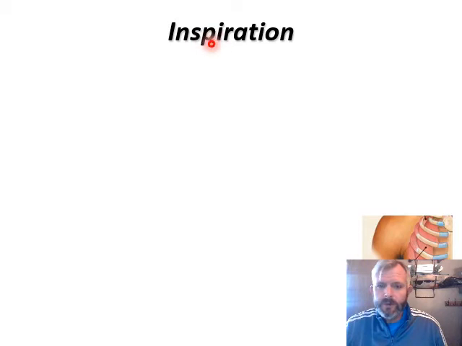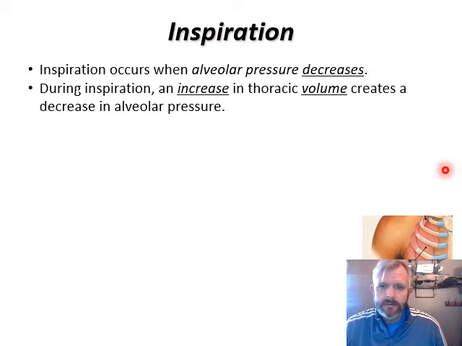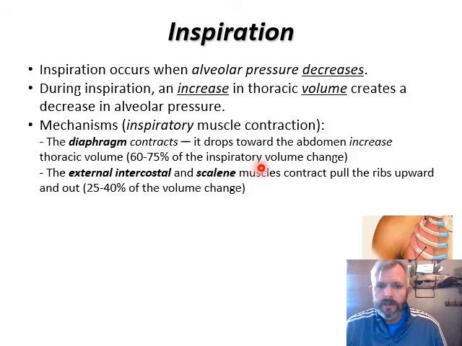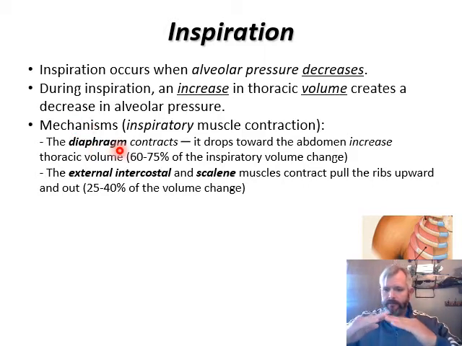So with inspiration, how do we make these volume changes? How do we decrease the pressure? By making those volume changes. And it's going to be muscle driven. First, the diaphragm is going to be the greatest component. When the diaphragm contracts, it moves down, pulls the lungs, and creates that volume change.